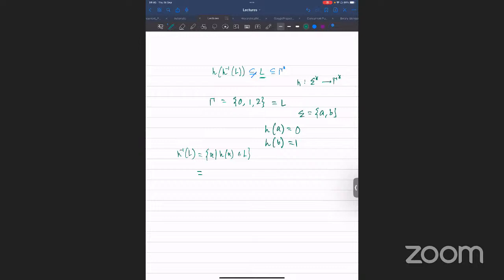So Hx belongs to L. So these are your A and B, correct, in this particular set. And now H of this set, AB, what do you get? You get 0 and 1, right? So you see that H of H inverse of L can be a strict subset of L. So we discussed this.